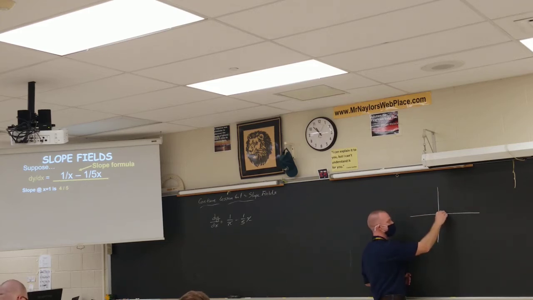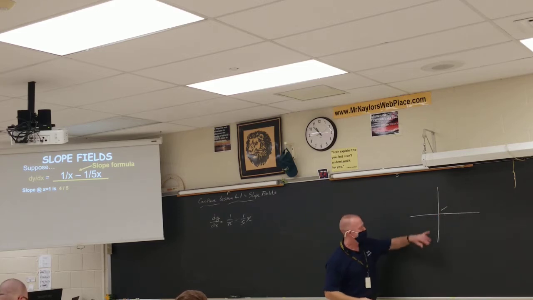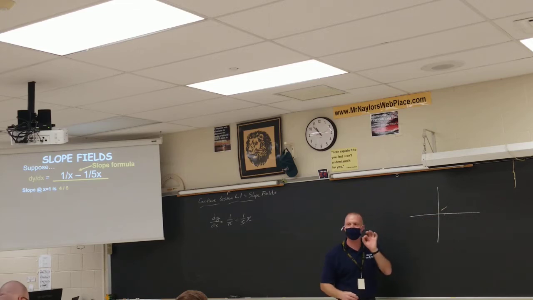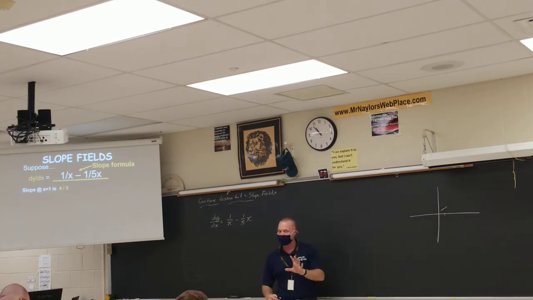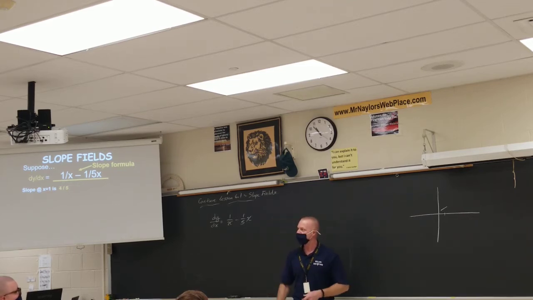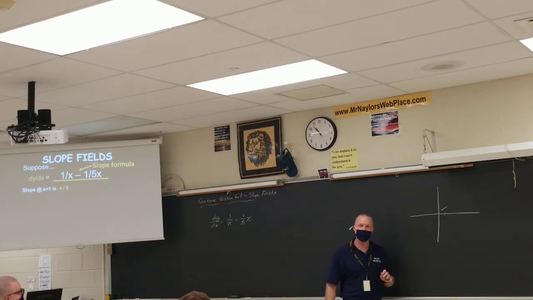Now that means that at x equals 1, there is a slope of 4/5. Now that little dash I drew right there is trying to represent a rise of 4 and a run of 5. In other words, a slope of 4/5. You'll see, but just kind of go with this a little bit.